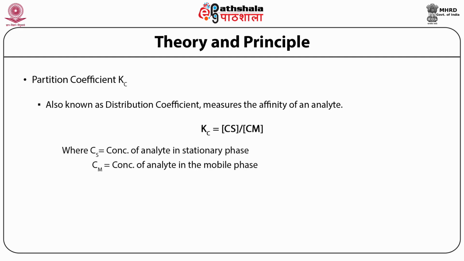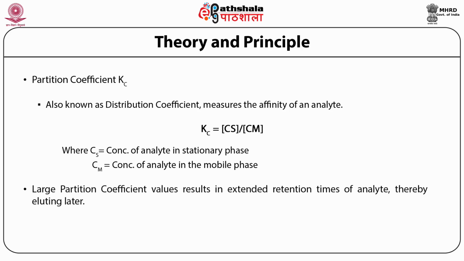It is measured by the concentration of analyte in the stationary phase divided by the concentration of analyte in the mobile phase. Large partition coefficient values result in extended retention times of the analyte. The value of the partition coefficient can be controlled by column temperature or chemical nature of the stationary phase.